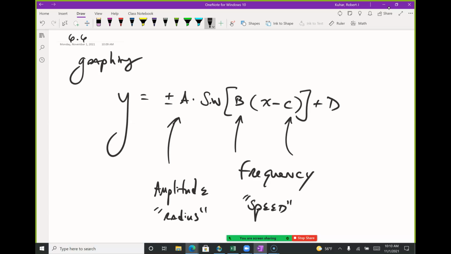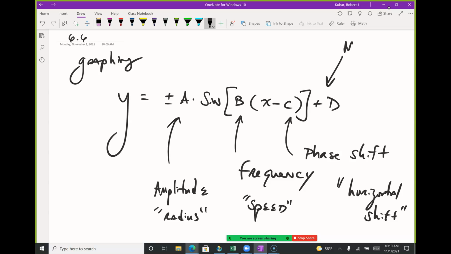C is my phase shift, which is really just my horizontal shift. Left or right, inverse. And then D is called the midline, which is, of course, my vertical shift.